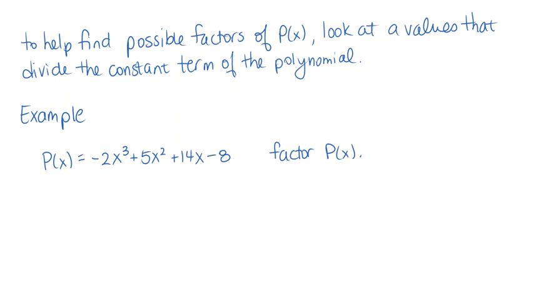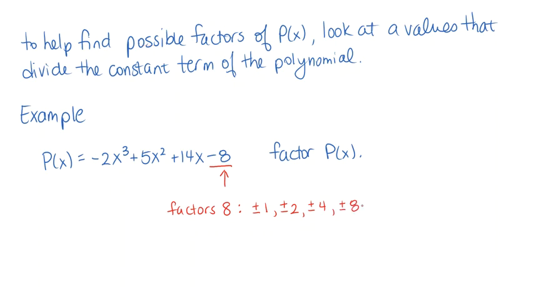If we have this polynomial here, and we look at all the possible factors of 8, positive and negative 1 will divide 8, positive and negative 2 will divide 8, positive and negative 4 will divide 8, and positive and negative 8 will divide 8.